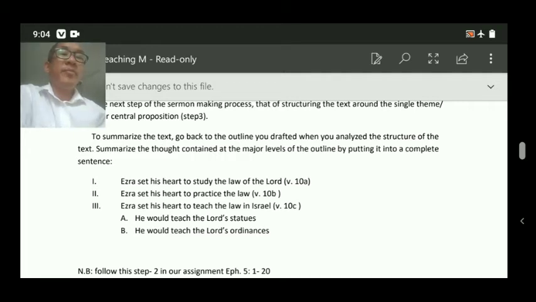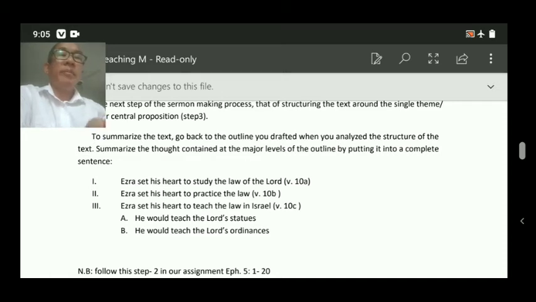Now verse 10b: and to practice it. That is what we read. But when you structure, it would be: Ezra set his heart to practice the law. Now, number 3, here comes the major and the minor point.